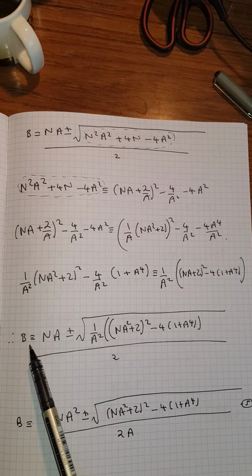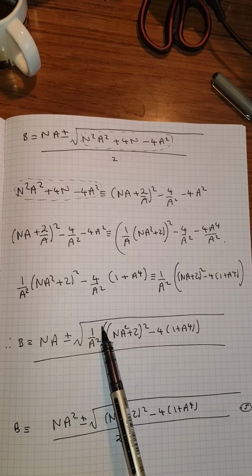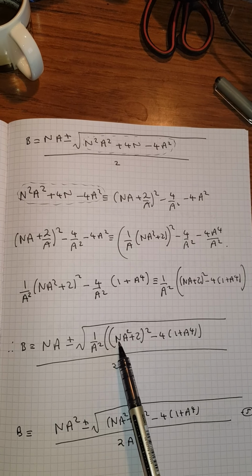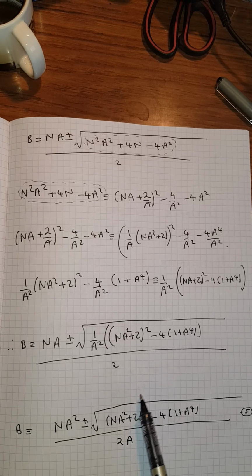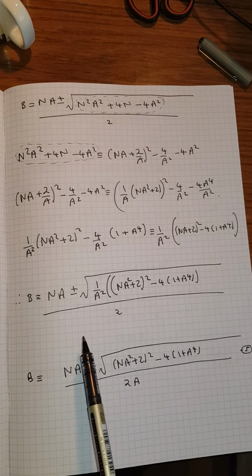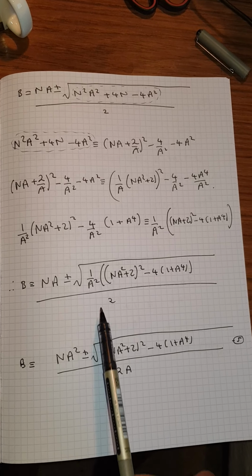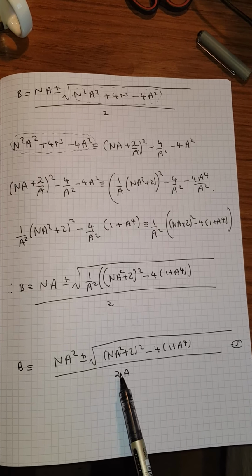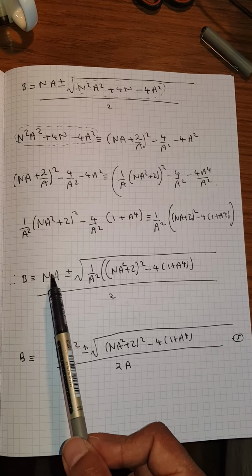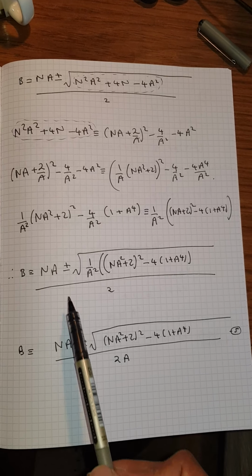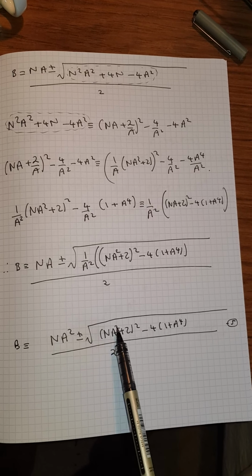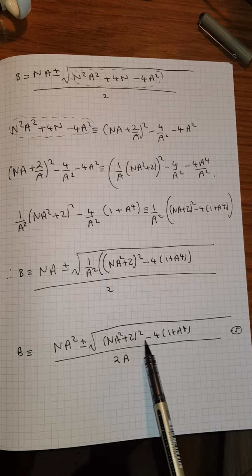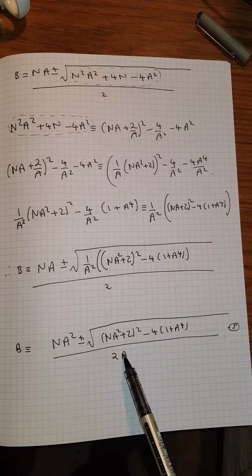So therefore b is equal to na plus or minus 1 over a squared, brackets (na squared plus 2) squared minus 4 (1 plus a to the power of 4) brackets. And therefore if I bring that a squared to the bottom, obviously the root of 1 over a squared is 1 over a, and I multiply this by a just to compensate for it, I get b is equal to na squared plus or minus the square root of (na squared plus 2) squared minus 4 brackets 1 plus a to the 4, over 2a.